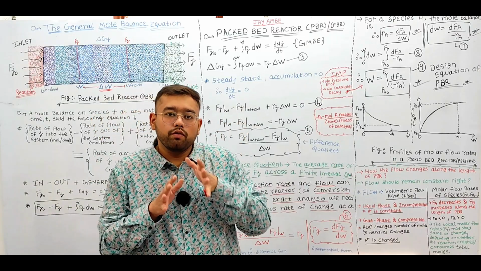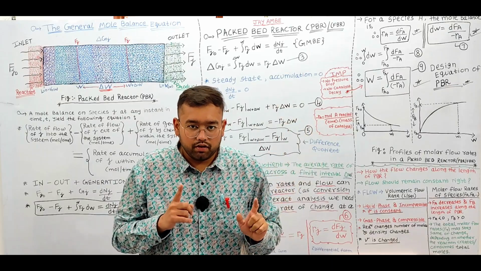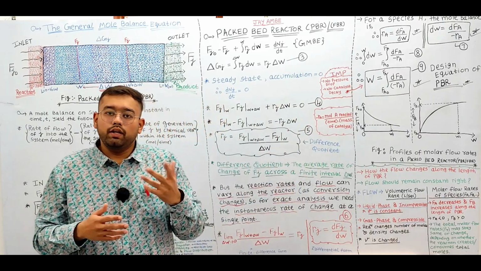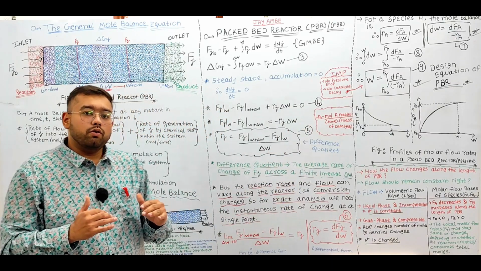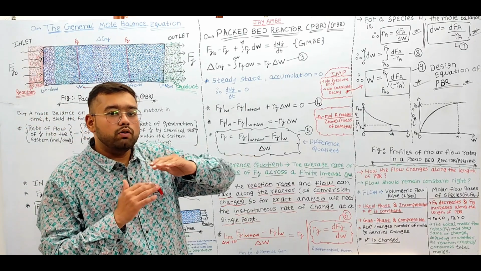We need to ensure the uniform distribution of all the solid catalyst filled in the entire packed bed reactor. After ensuring that, we need to ensure the stationary state of all the solid catalysts.